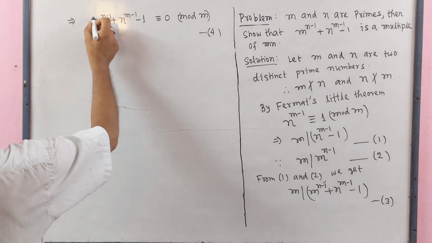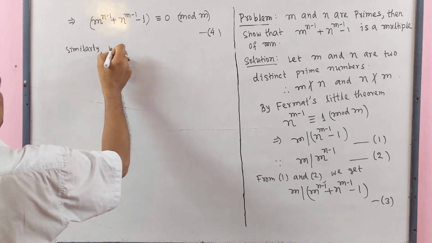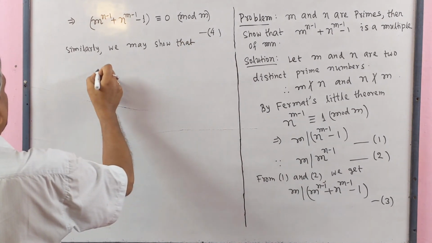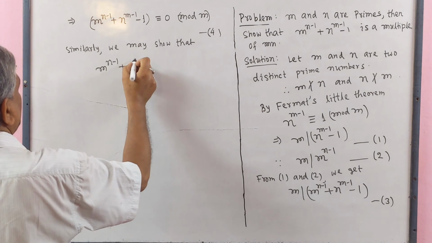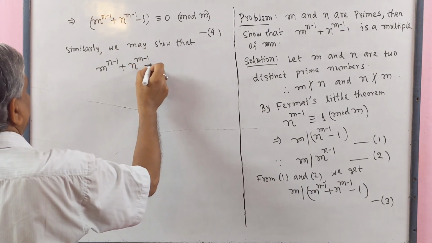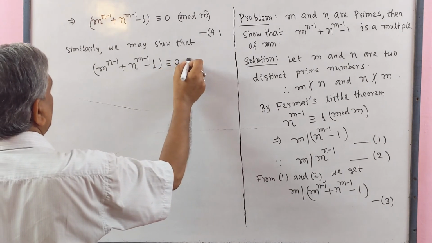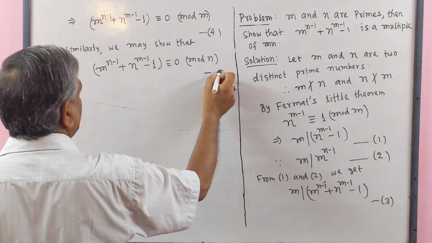Similarly, we may show that m to the power n minus 1 plus n to the power m minus 1 minus 1 is congruent to 0 modulo n. This is number 5.